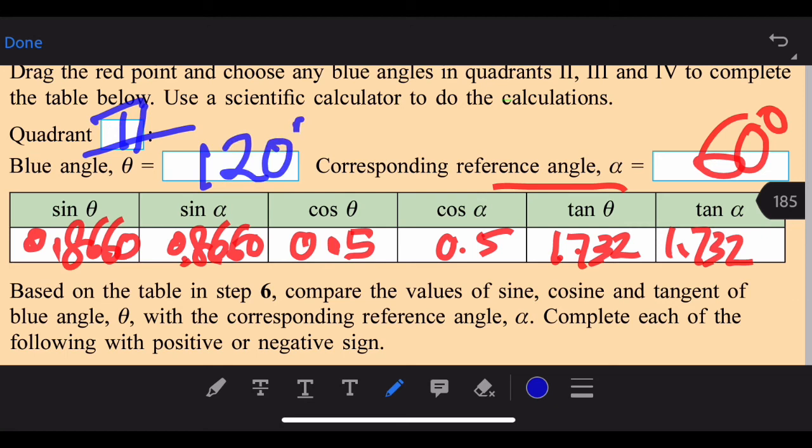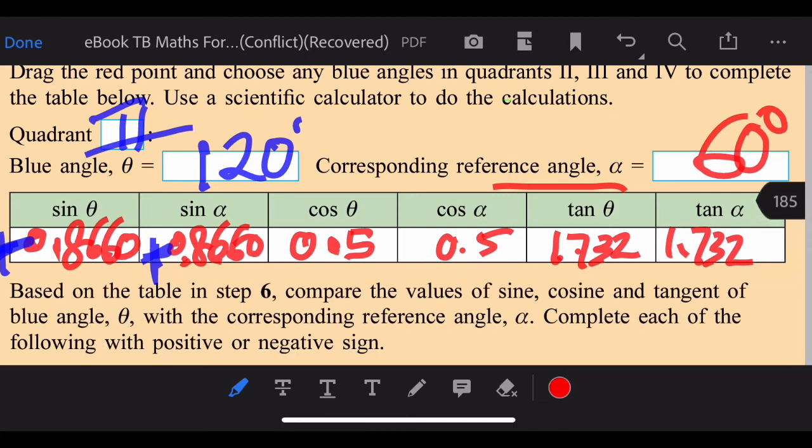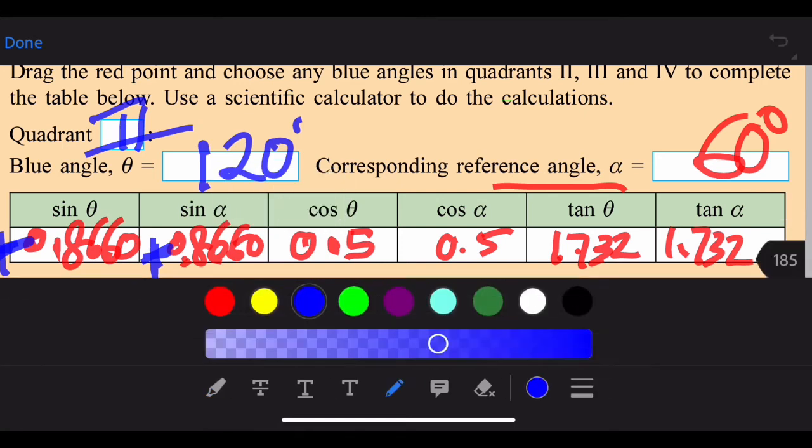If you press the calculator, sine is still positive in the second quadrant. For cos 120, I'm sure you get negative, negative 0.5.